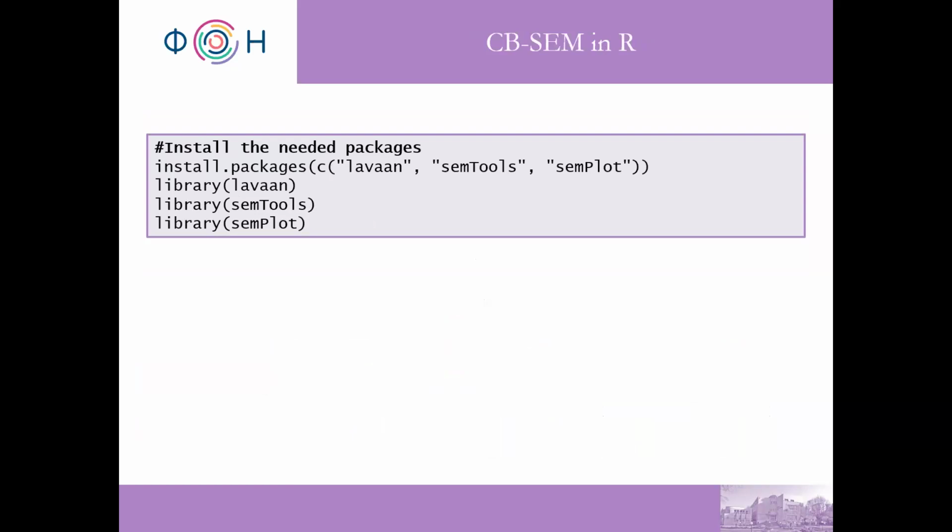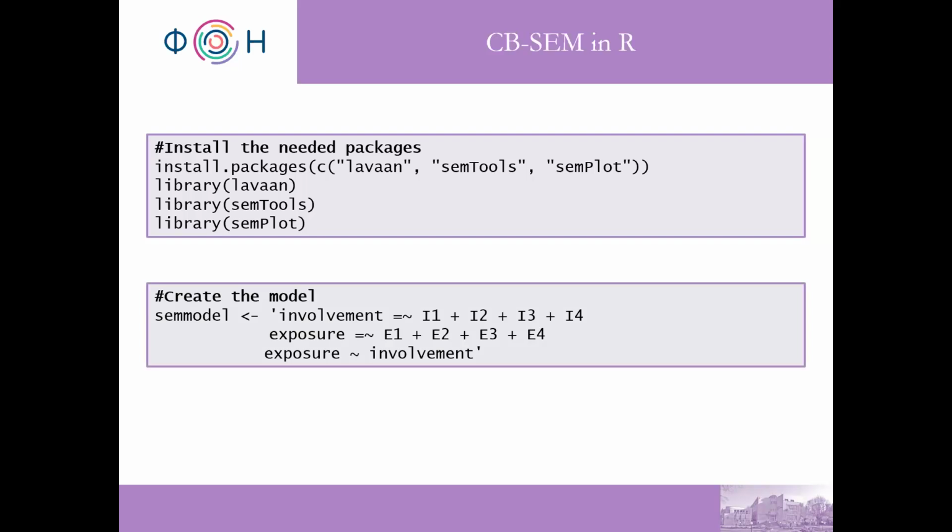So we will be using three packages: lavaan for model assessment, semTools as well for additional model assessments, and semPlot to plot our model. So when it comes to creating and estimating SEM models in R, there are several steps.